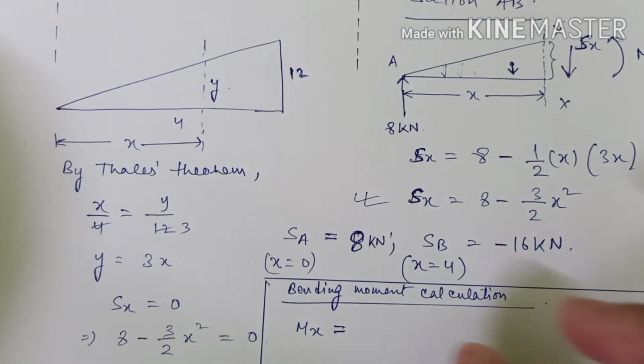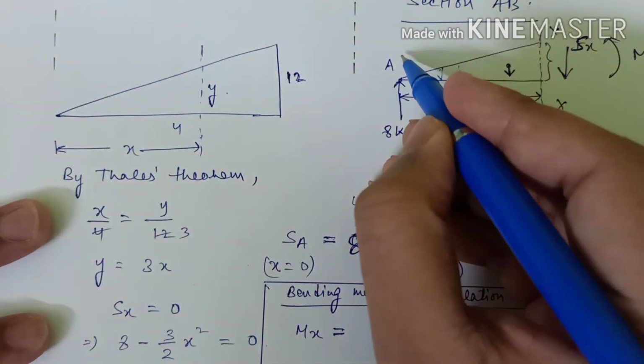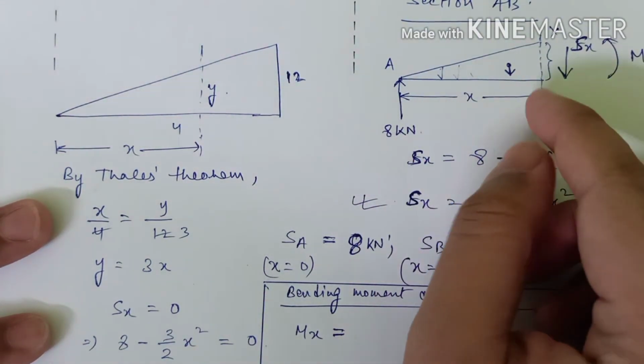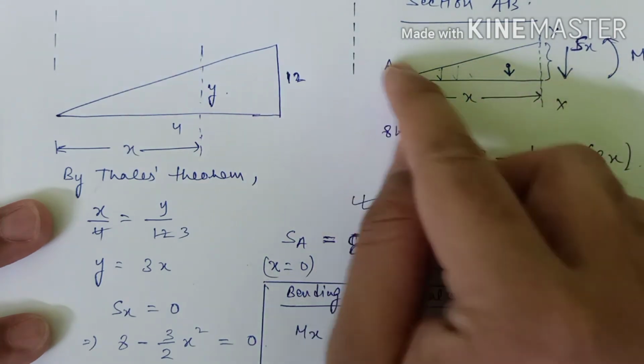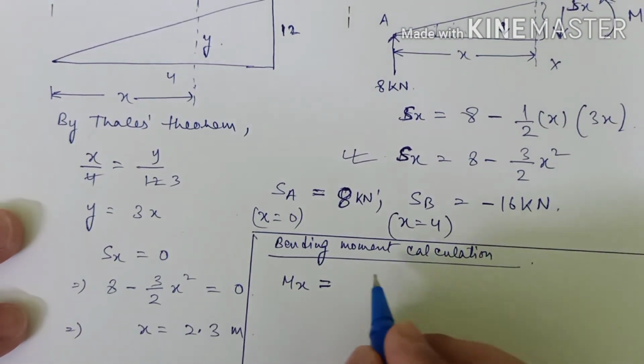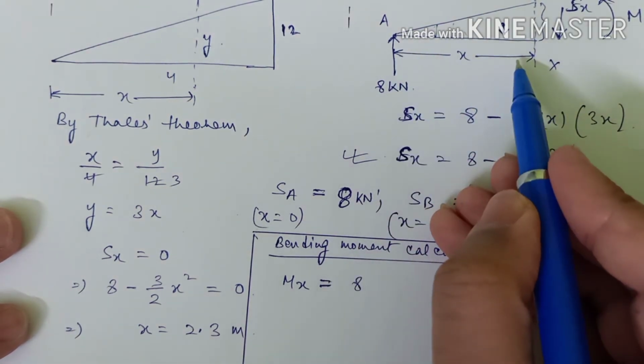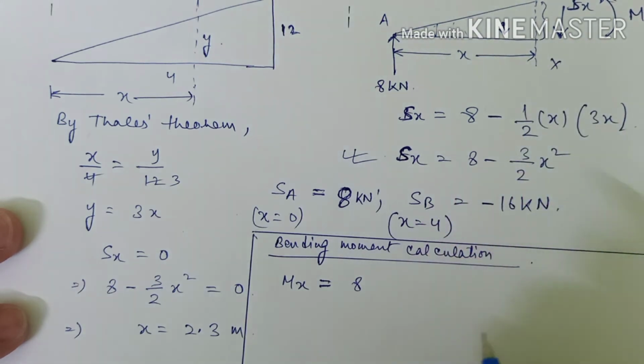At point A, this 8 kilonewton force will try to sag this beam, that is, try to bend this beam in this manner. So it's positive: positive 8 multiplied by the perpendicular distance, that is x.